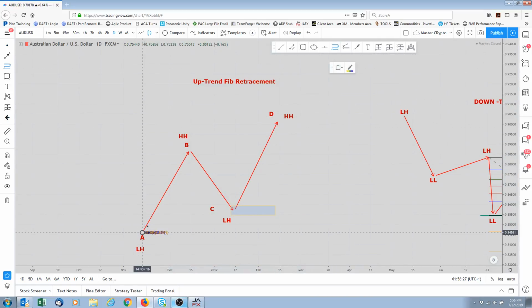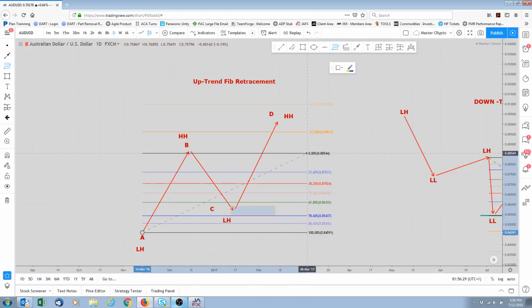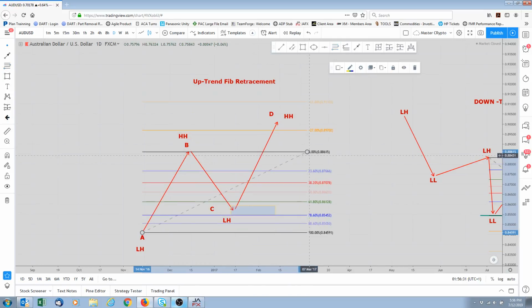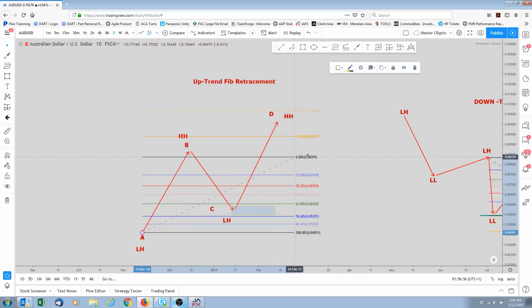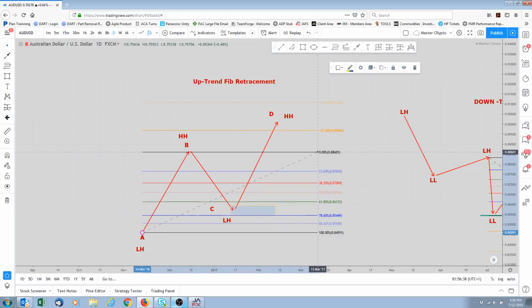So we go from point A to point B, and you're wondering, why is my mouse over here? Well, actually, I'm just stretching it to the right, but I'm aligning this line with point B. And that's when we sit back. So when price goes up, that's when we sit back and we wait for price to go to point C.